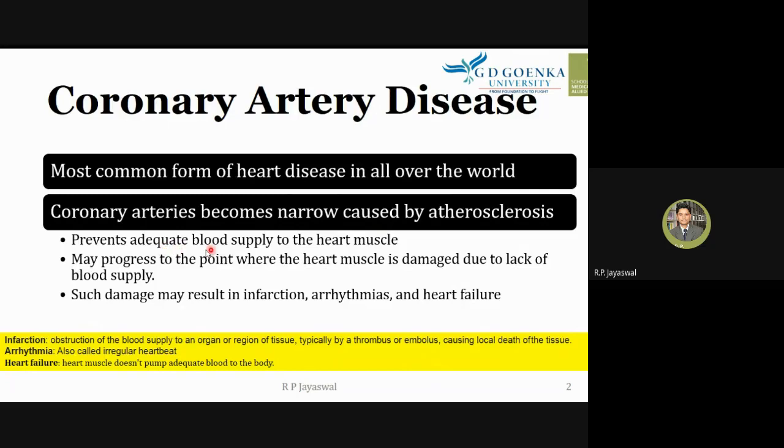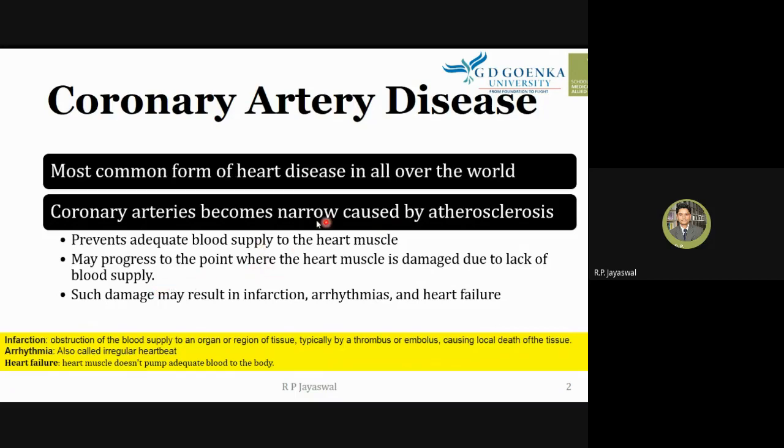Then the narrowing process may progress to the point where the heart muscle is damaged due to the lack of blood supply.